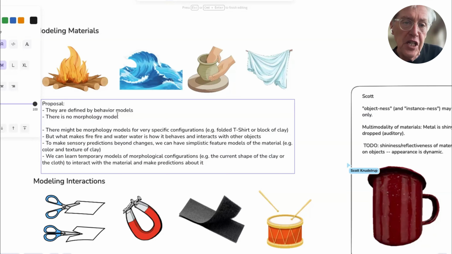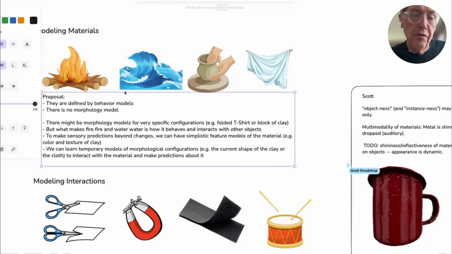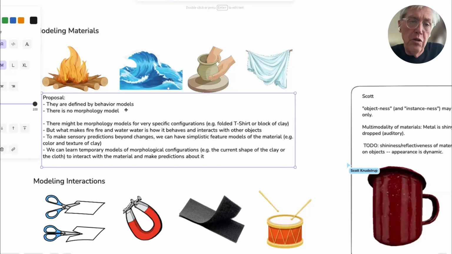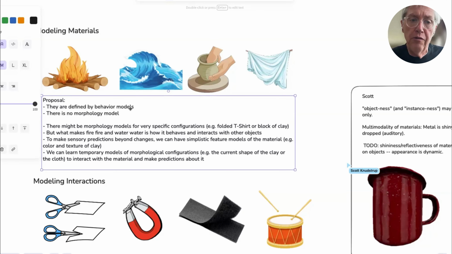Although if I watch my faucet dripping, I know exactly how it's going to behave. So there seems to be a continuum of both morphology models and behavior models, from strict morphology to very loosely defined or undefined morphology.